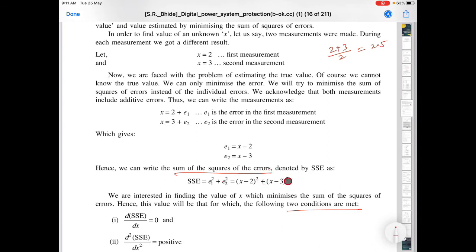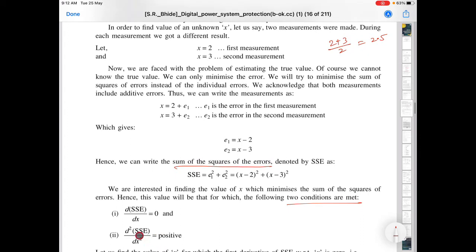If you differentiate this once and equate it to 0, you will get some value. That value is true only when the second condition is met. What is the second condition?